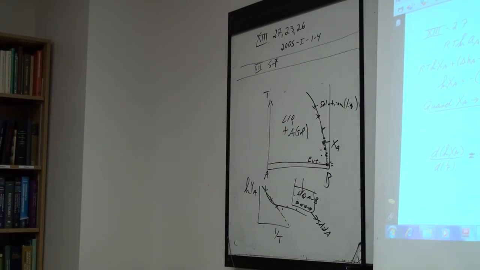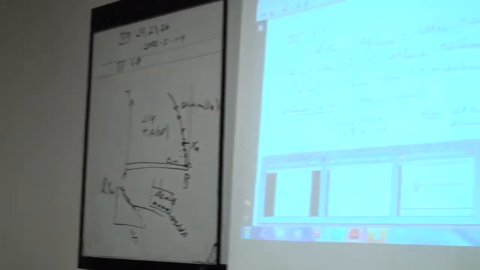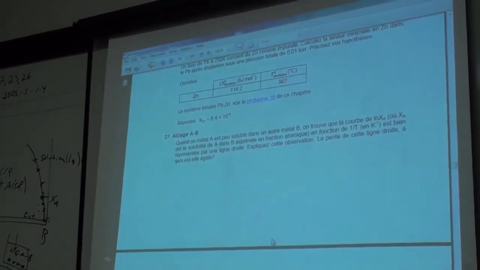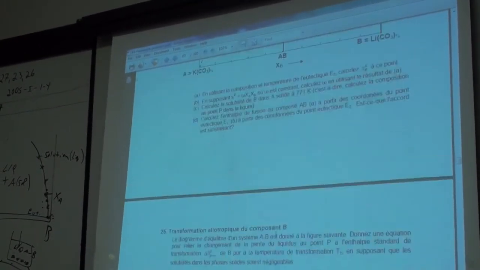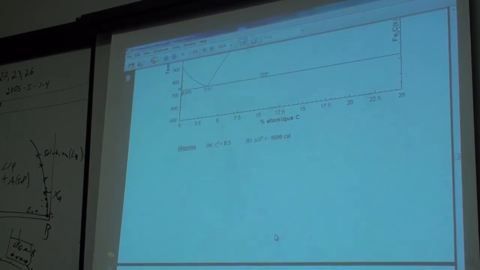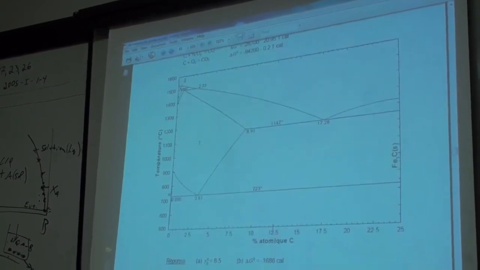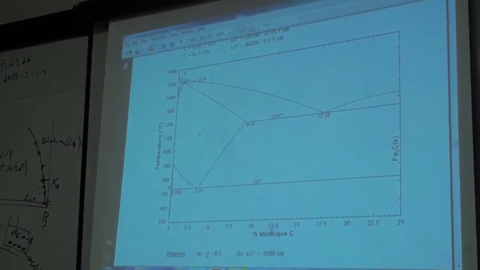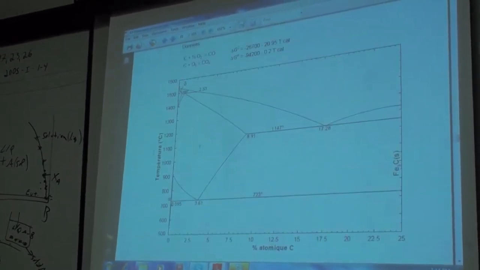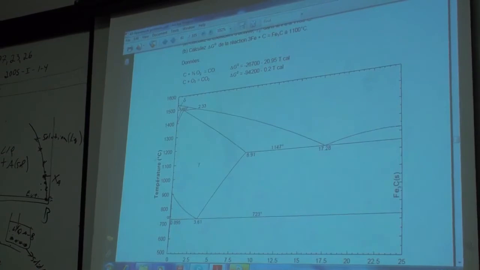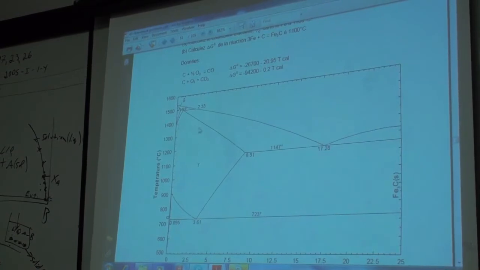All right, let's look at number 23. Here's your iron-carbon phase diagram, atomic percent of carbon versus temperature. As you should know, this is the metastable phase diagram, because this is gamma phase, austenite, and this is gamma plus cementite, Fe3C.